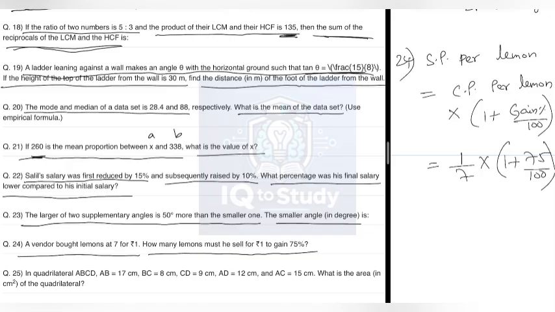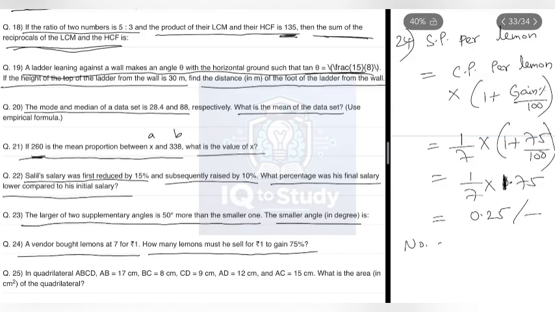So it is 1 by 7 into 0.75, and the final value is 0.25 rupees. Now we have to find the number of lemons.